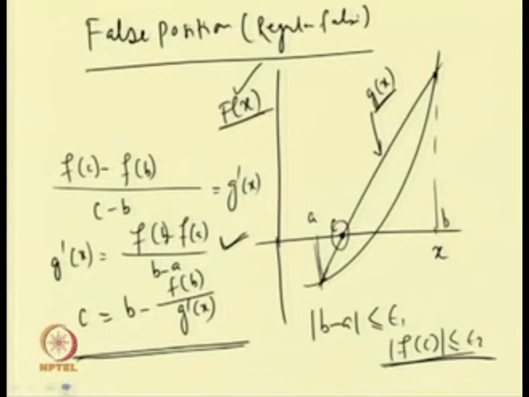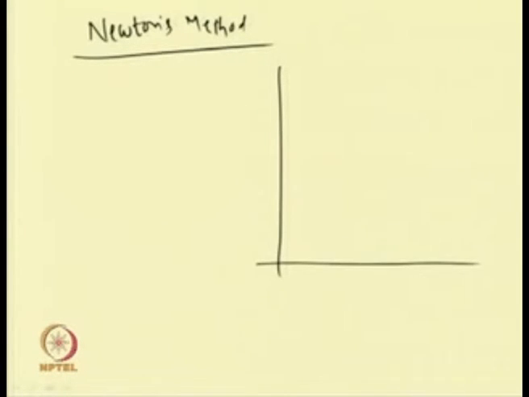Also, we can use this Newton's method. This is a versatile method to find the solution of this equation. So, in case of Newton's method, let us take this is our equation, that is f(x). Let us plot f(x) versus x.